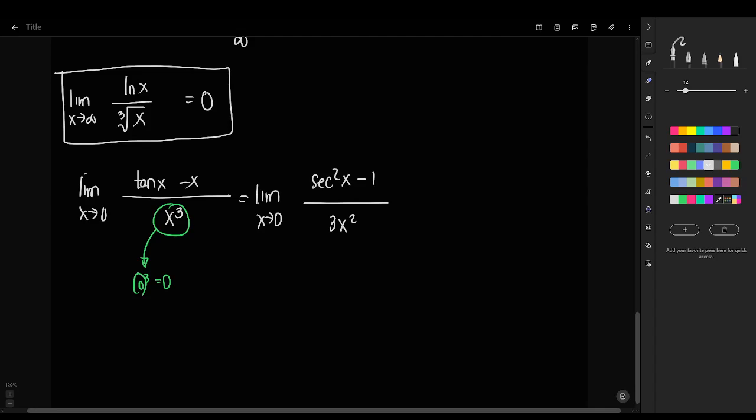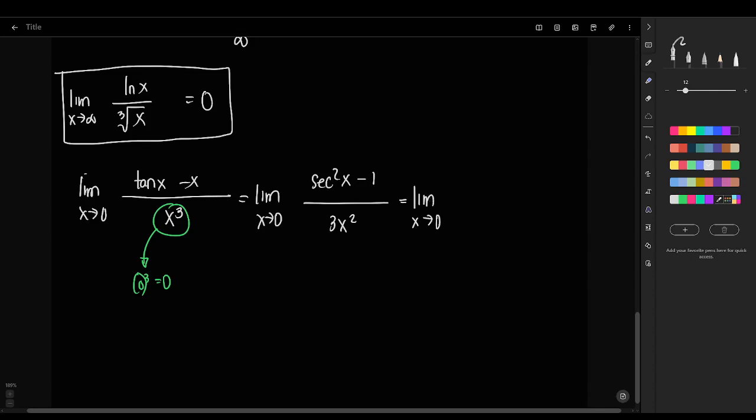So since it's still indeterminate, you may be able to use another L'Hospital's rule. It is still applicable, because you can do L'Hospital's rule twice. So I will be applying L'Hospital's rule here twice.